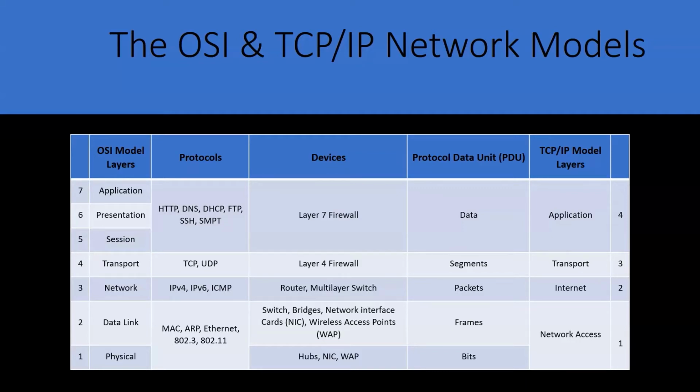Here you can see the various protocols, devices, and protocol data units used by each layer. Although I won't be going into detail on such things in this video, it is still important to have an understanding for when we do begin exploring the encapsulation and de-encapsulation process.